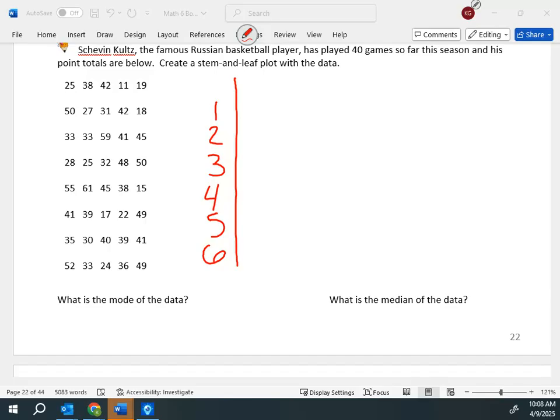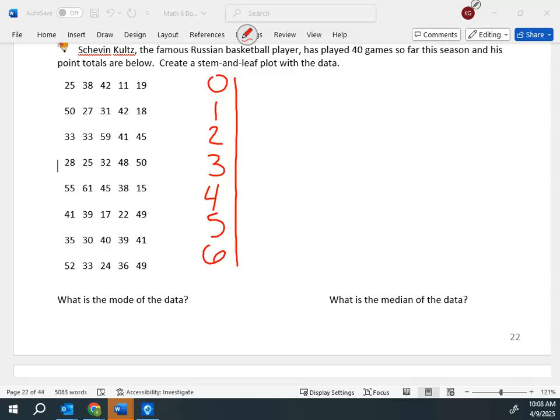I'm going to put 60s because I have room, but I'm not sure if there's any 60s. I'll be scoring a lot of points. Okay, so you leave space at the top for the zeros, or you can actually put a 0. That's for the single digits. There's nothing in front of the 2, right? It's just a 2, so that would be the 0 single digits. Then we put 10s, 20s, 30s, 40s, 50s, 60s.